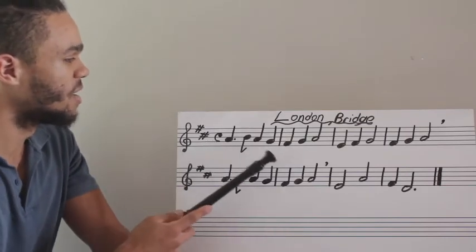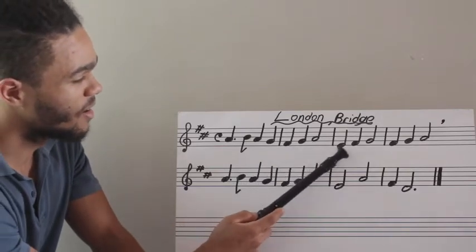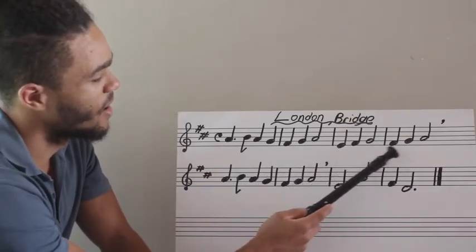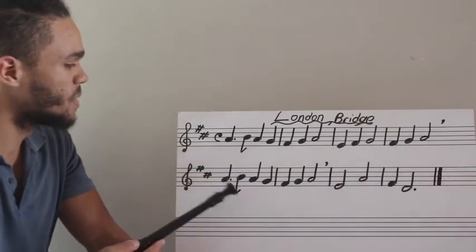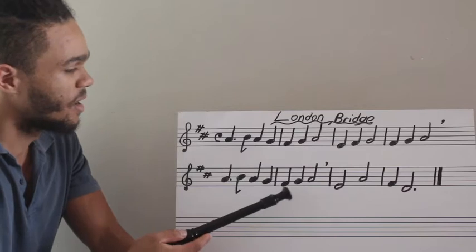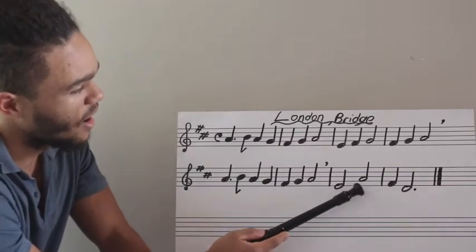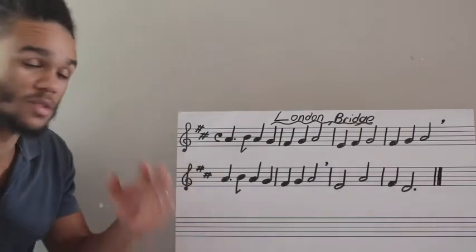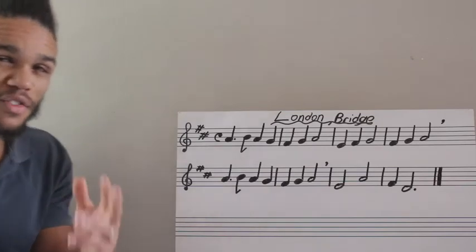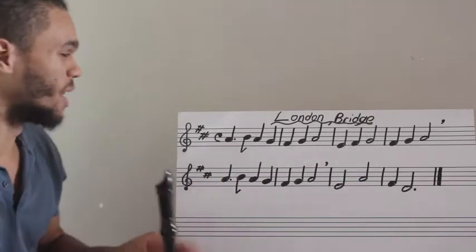All right, so that's our rhythm. Not hard at all. The Muffin Man was a little bit harder. So this is an easy rhythm, but let's see if we can now get the notes right.